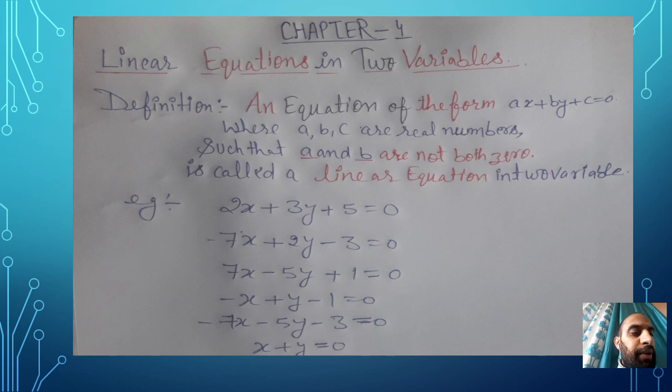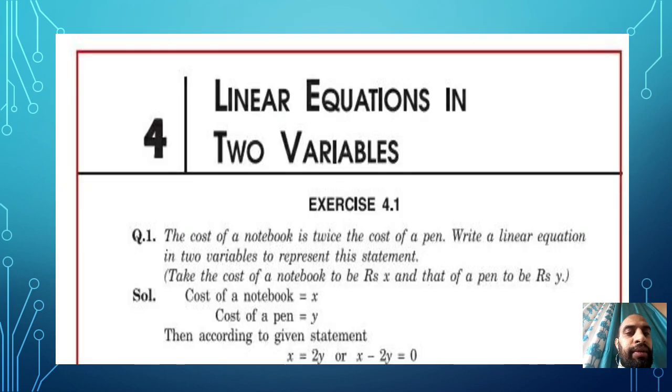I hope, my dear students, you are able to understand the basic meaning of this chapter. So let's take your first question of exercise 4.1. You are given one condition: the cost of a notebook is twice the cost of a pen. This word twice is very important here. Write the linear equation in two variables to represent this statement. We need to convert this statement into equation form.